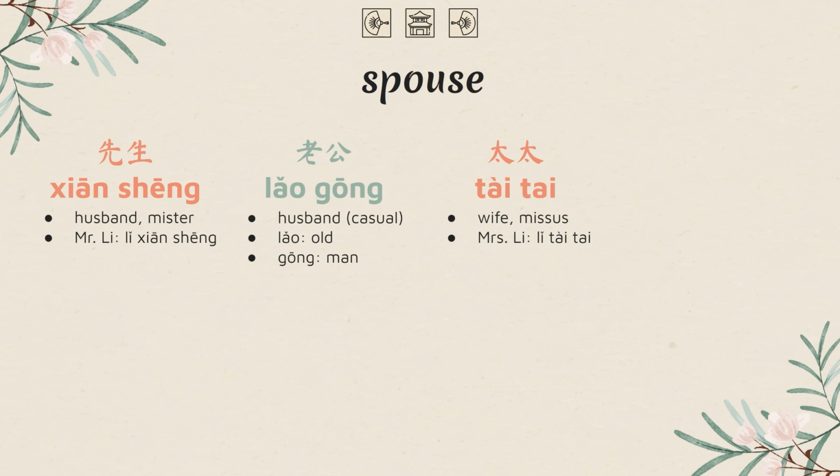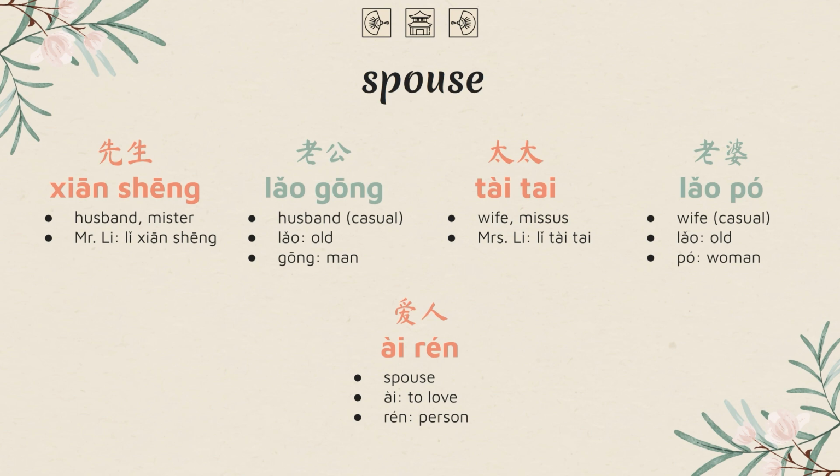So the equivalent of 老公 for wife would be 老婆. And then we have a word for spouse, which is 爱人. 爱 by itself means to love. 人, which we've seen a few times already, means person. So it's literally a loved person.